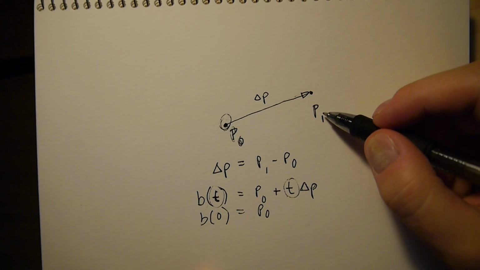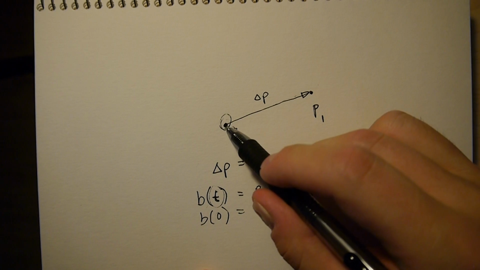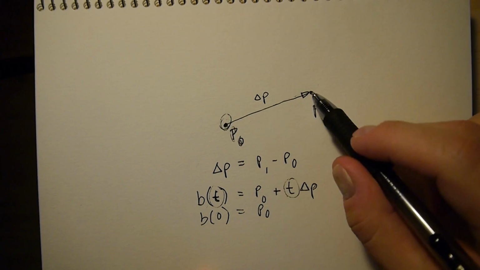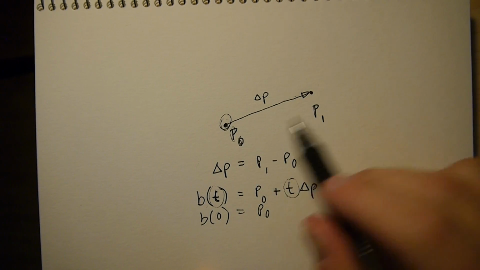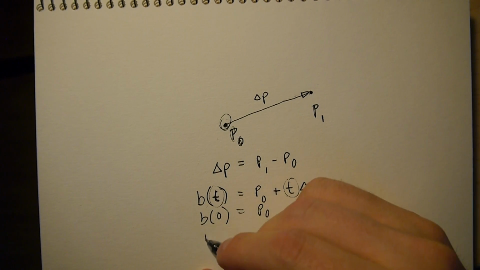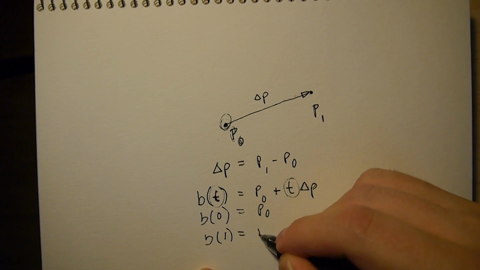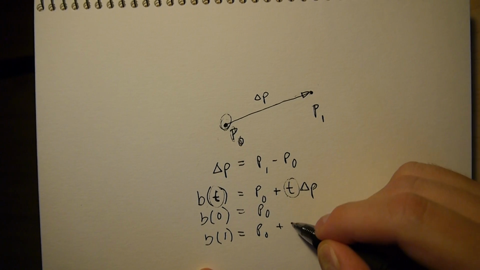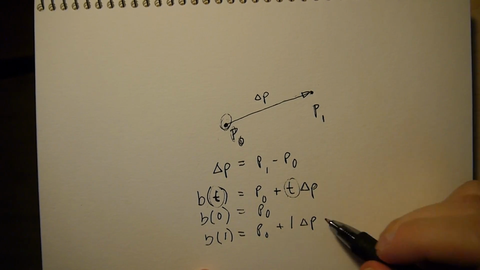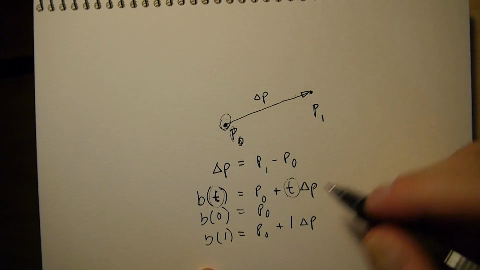Similarly, if I want to get to p1, well, I know that this entire vector, if I used the complete vector, would get me from p0 to p1, because that's exactly what it was. So b of 1, if I just use the unity for this, 1 delta p, I know I will get to p1. And of course, I can actually plug this in to verify.